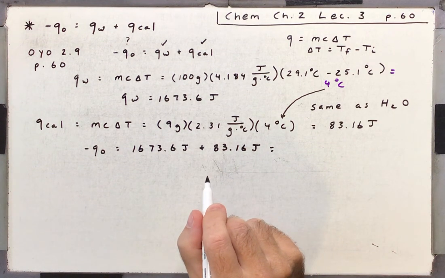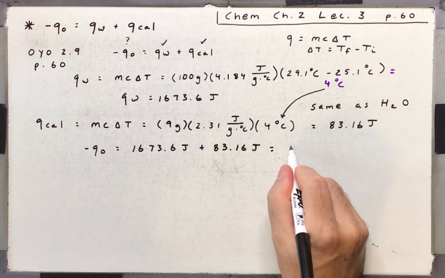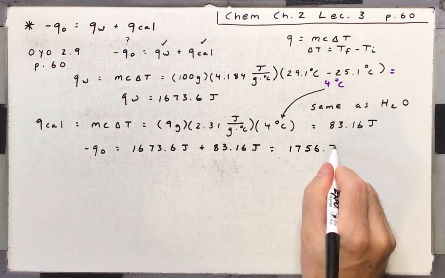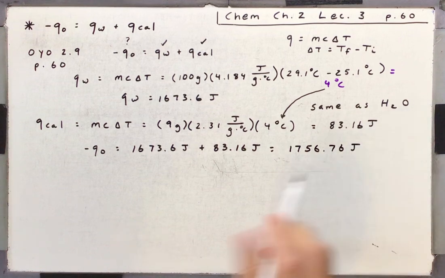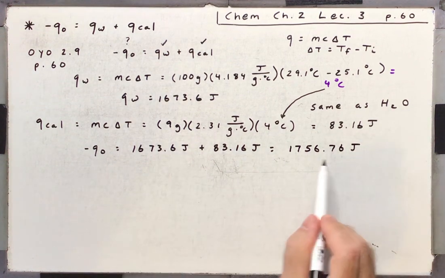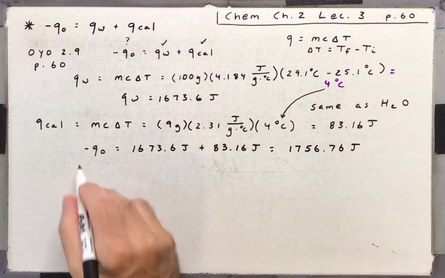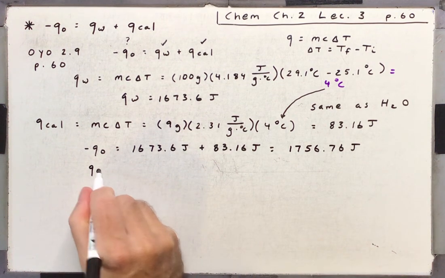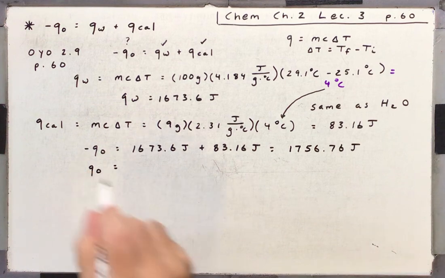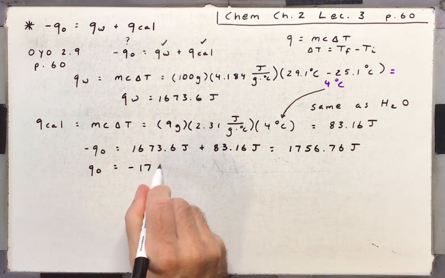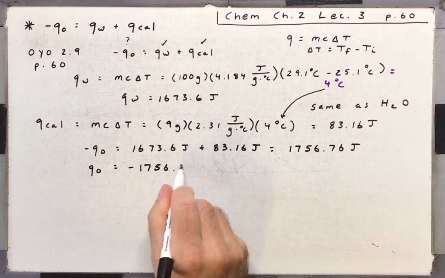All right, if you add those two numbers together, you get 1756.76 joules. So minus Q of the object is equal to 1756.76. If we divide both sides by -1 to get rid of this negative sign, then the Q of the object is negative 1756.76.